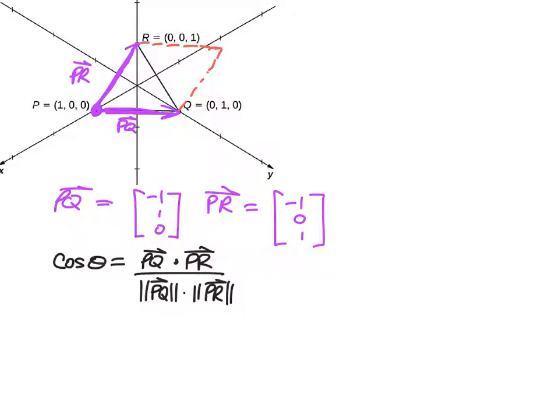All right, so the dot product is just a 1. The magnitudes are each radical 2. 1, negative 1 squared plus 1 squared plus 0 squared in both cases. Yeah, square root of 2. But then square root of 2 times square root of 2 is just going to give me a 2.